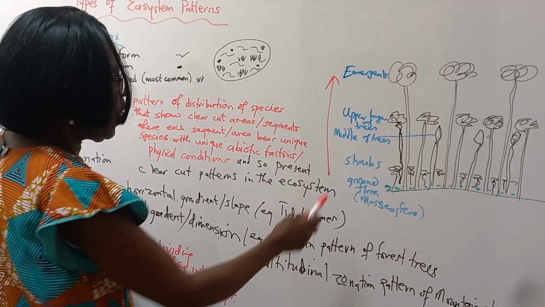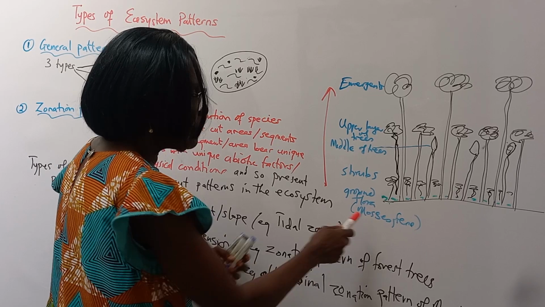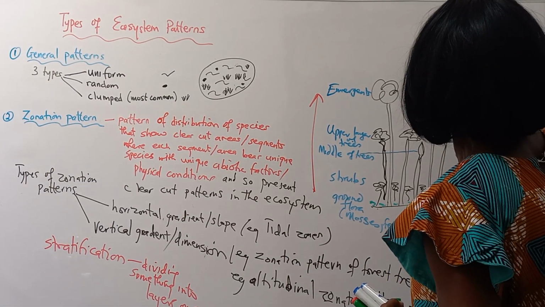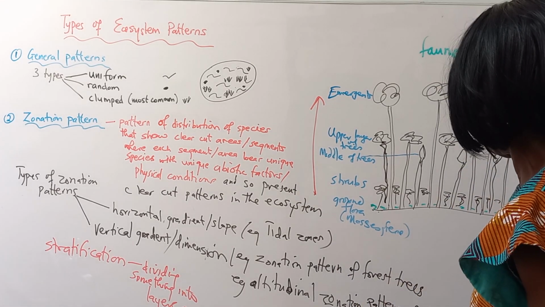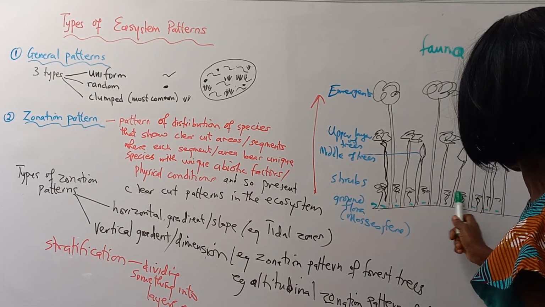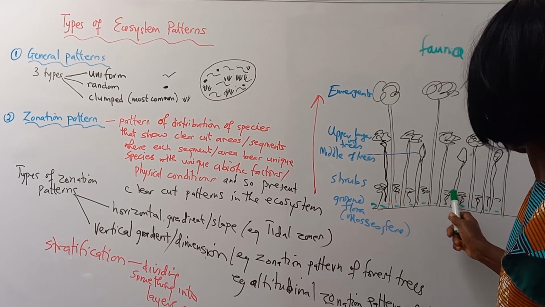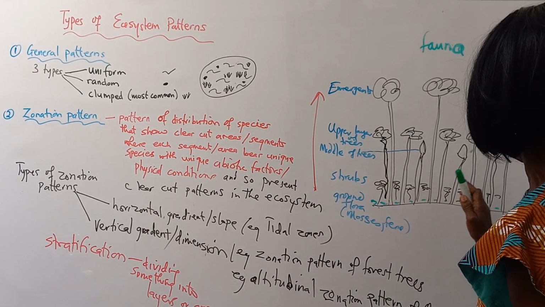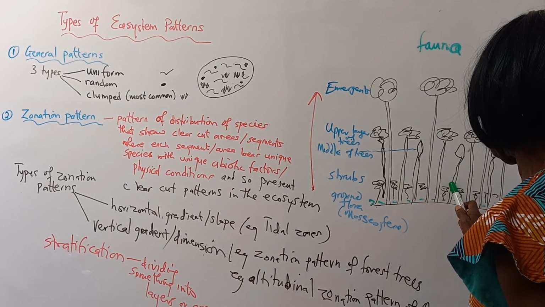And it's not only the plants, the flora, but also the fauna. The fauna is the animals. This also shows stratification. You can have worms and slugs in this area. You can have tree frogs here. There's very little wind, and so you can have some ants.